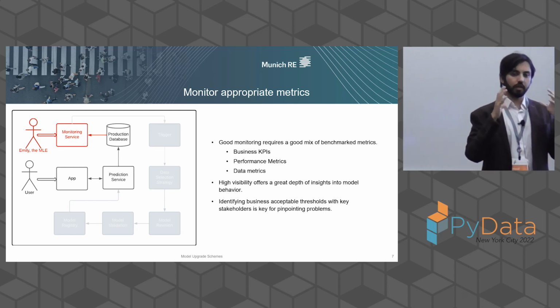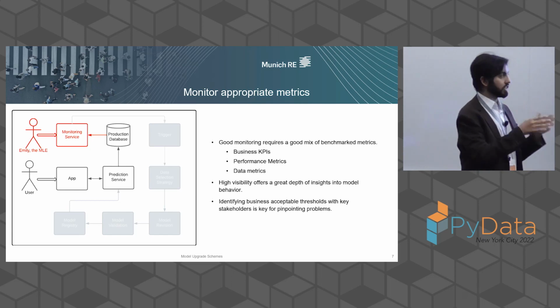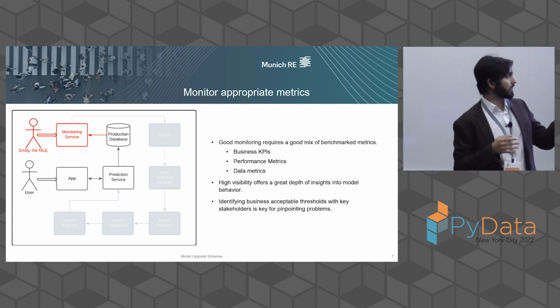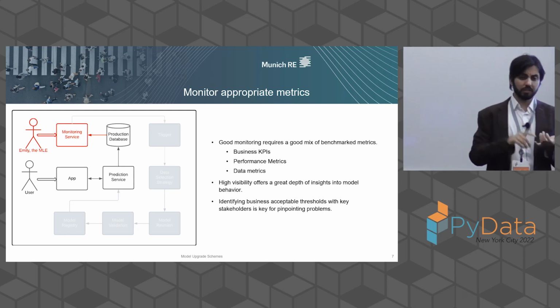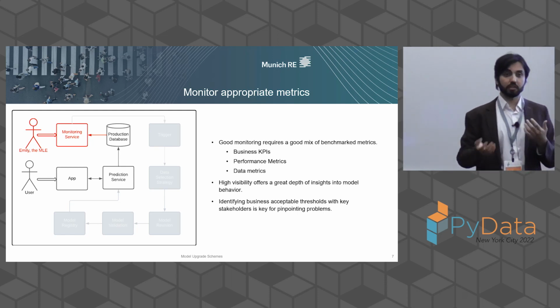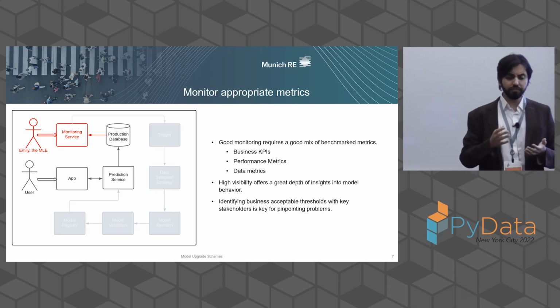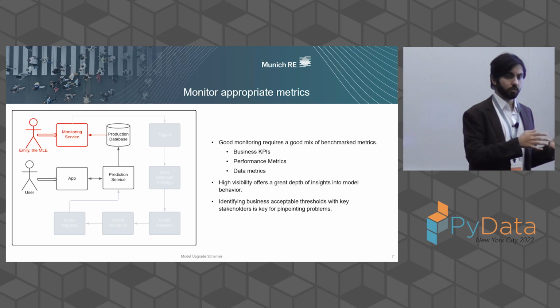So there's one box to see everything that's happening in the pipelines and in the production data. A good monitoring service, of course, has business KPIs in there. For us, it would have been the number of automated cases per week. It could have been if there are some specific reason codes.